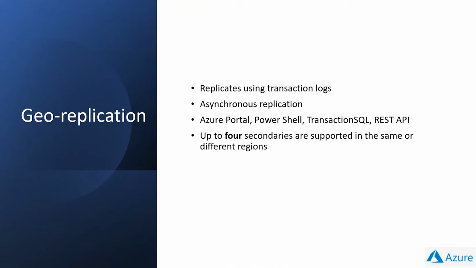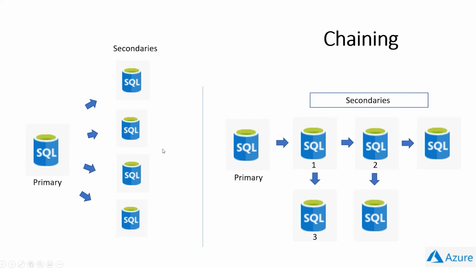Now, there are different ways you can interact with Geo-Replication: Azure Portal, PowerShell, Transact-SQL, REST APIs. And as I mentioned before, you can have up to 4 secondaries, supported in the same or in different regions. Now, it's up to 4, but of course you can deploy only 1 if you want.